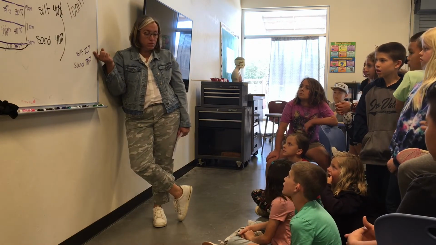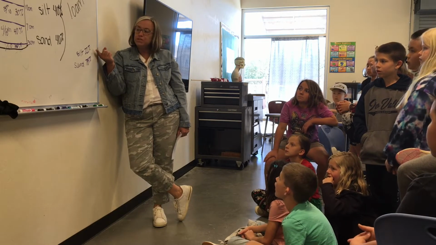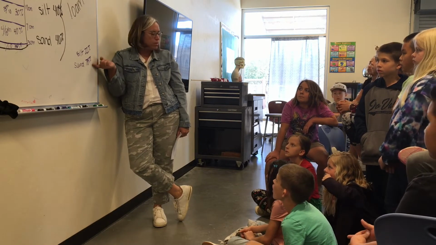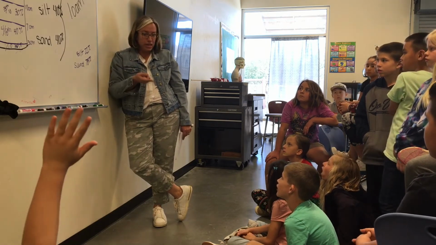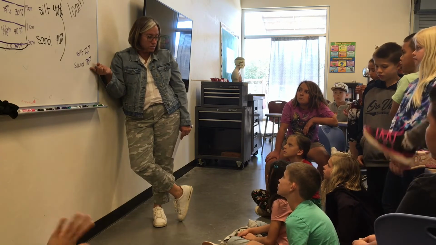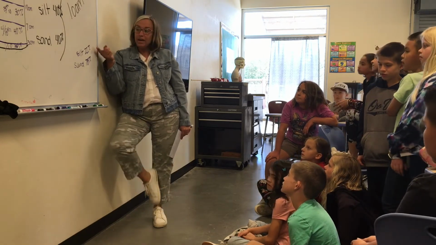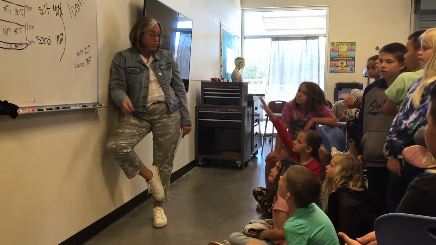More silt and clay. But do you think if we add more silt and clay, that would lower the sand? No. Would the ratios change? If I add more silt, is that gonna make the ratio for sand less? Yes. So if I add more silt and clay, it's going to change this altogether along with the sand.